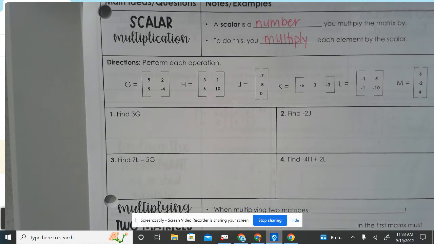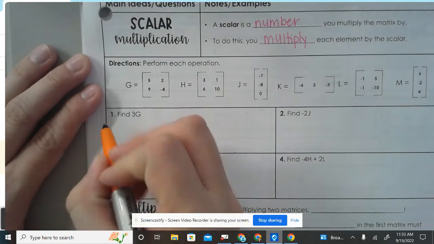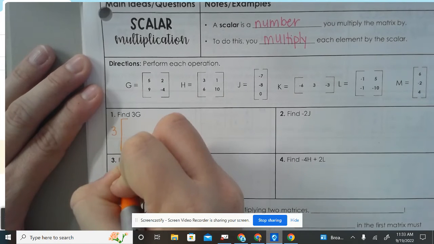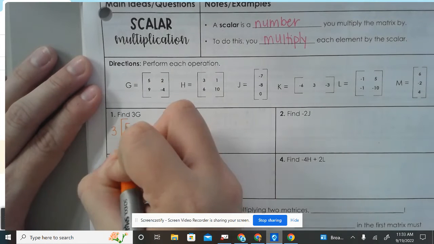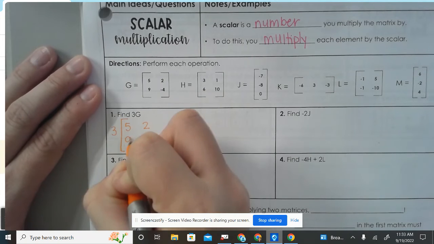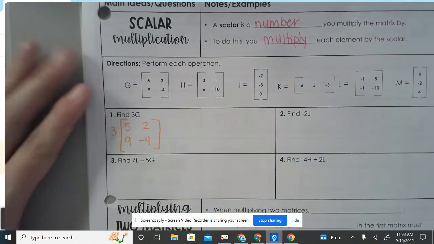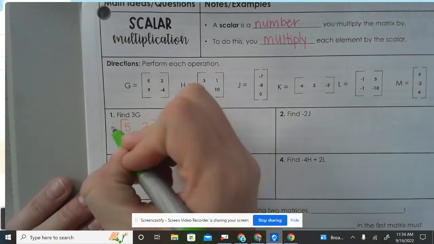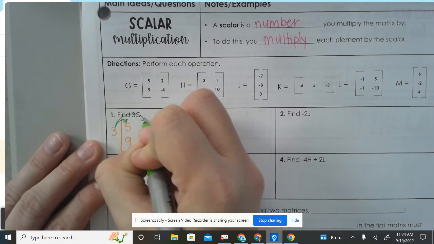So number one, we're doing 3G. So we're going to multiply matrix G by 3. So I'm going to rewrite this 3, and then I'm going to write in matrix G. We multiply each element by 3.